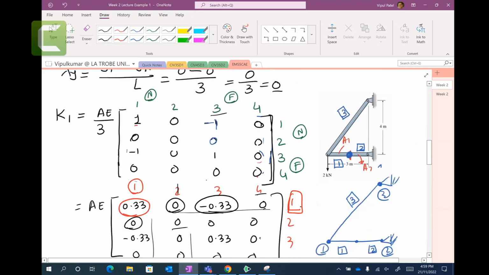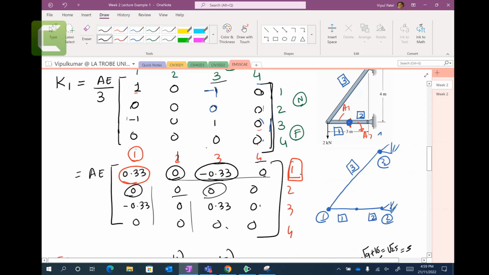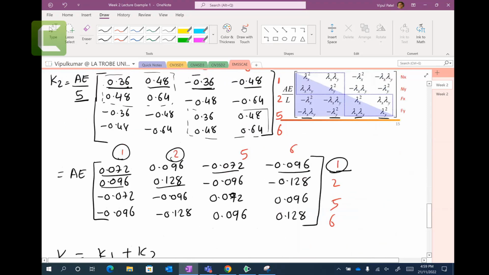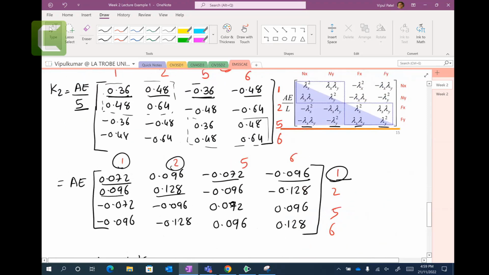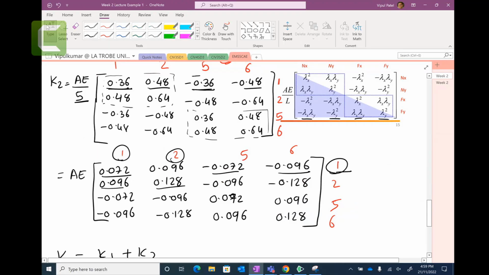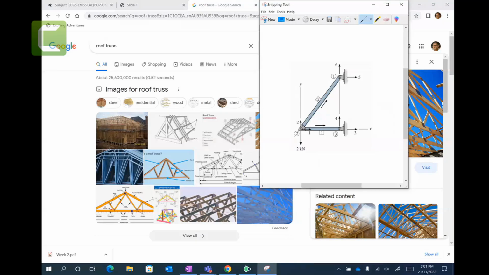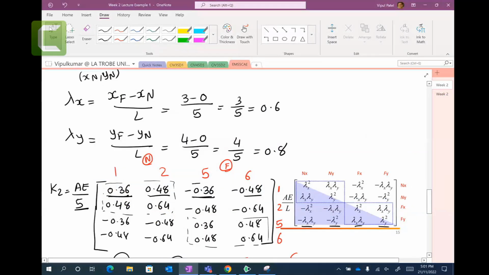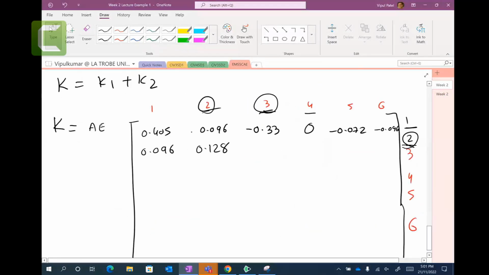Column 3, row 2, 0. Okay, let me. All right, so where are we now? I hope you get the drill. 3, 2.